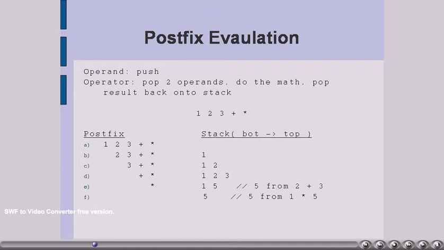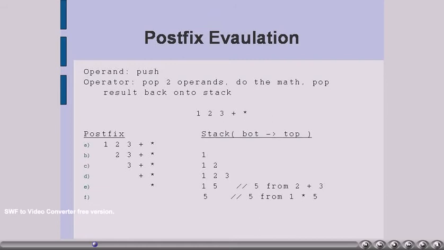Whenever we encounter an operator in the postfix expression, first we pop and take the operand. That we consider the second operand. Then again we pop, and we consider that one as the first operand.